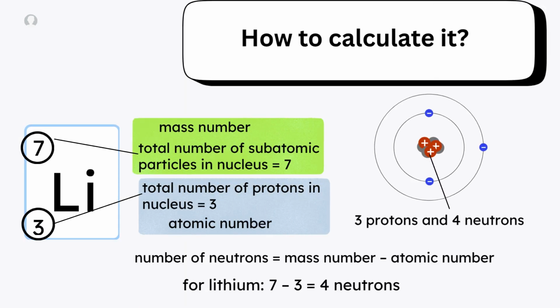So to find the mass number, we add the amount of protons and the neutrons together. To find each of them separately, we can take the 7, the mass number. If we need to work out the number of neutrons, we just take the 7 minus the 3, and then we get the amount of neutrons in a lithium atom, which is 4.